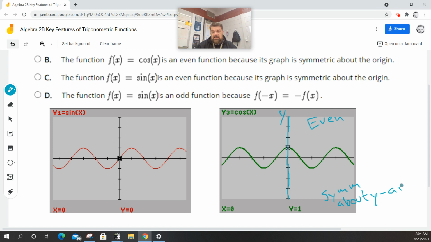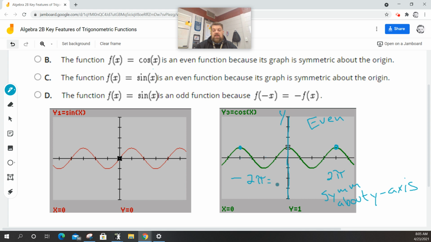About the y-axis. But more importantly, whatever this value is, so if I go over 1, 2, 3, 4 clicks, this is actually negative 2 pi. But if I go to the right 1, 2, 3, 4 clicks, this is positive 2 pi.